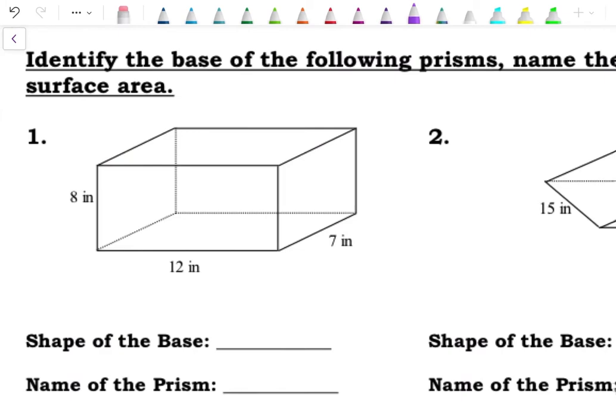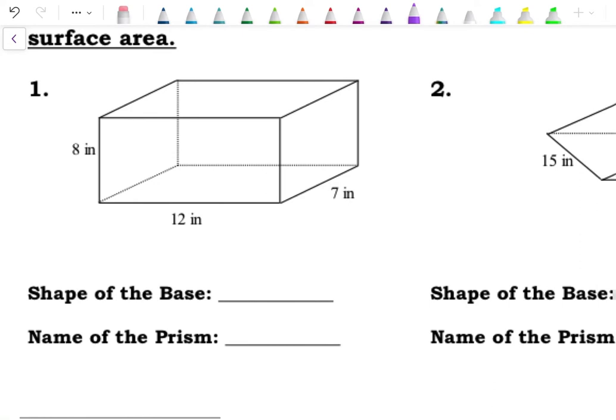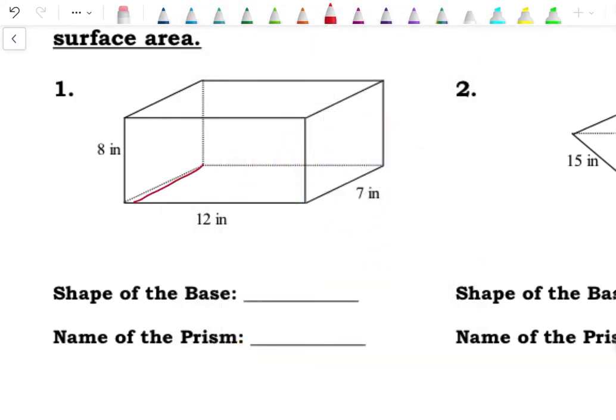So number one, we want to identify the base of the following prisms, name them, and then find the surface area. So let's name the base first. This is going to be my base right here, just to name something as a base. That is going to be a rectangle. So I would call this a rectangular prism.